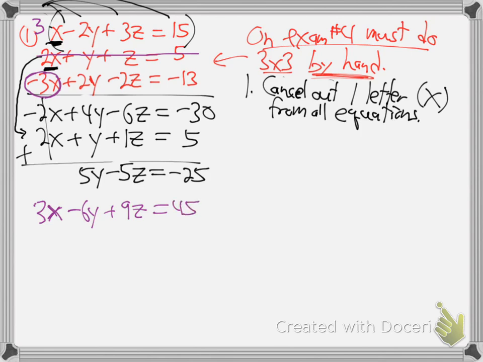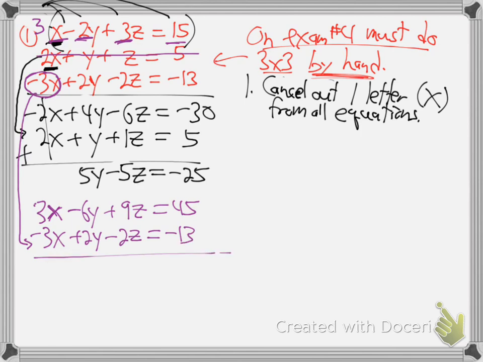Do you see what I'm doing there? I just multiplied that 3 to here, here, here, and here. Now bring down the bottom equation. It'll be minus 3x plus 2y minus 2z is minus 13. Add those up.